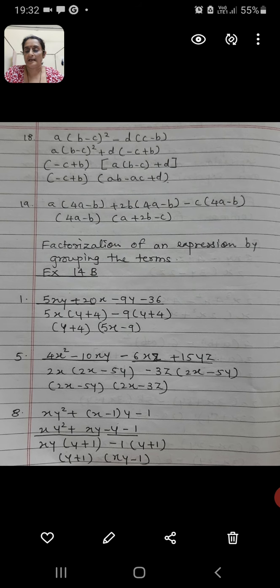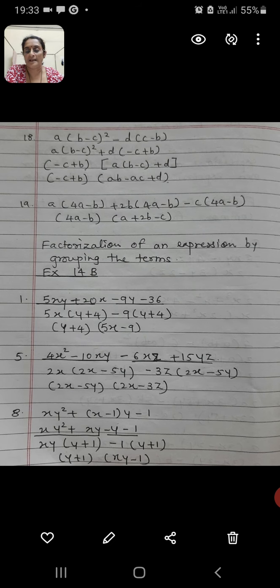Next, one more sum from the exercise we'll do. The question is 19th. a(4a minus b) plus 2b(4a minus b) and minus c(4a minus b). So whatever is in the bracket, all the three brackets are the same, so we can take it as a common factor, and whatever is outside the bracket has nothing common, so we'll keep it as it is.